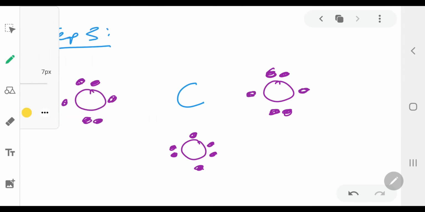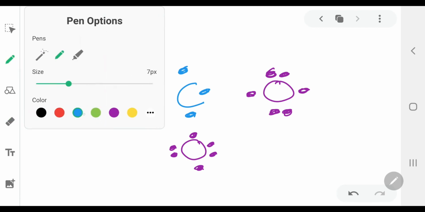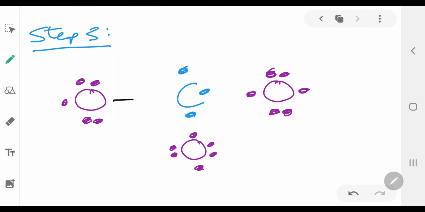Okay, and then that is your carbon. So when unpaired meets unpaired, this unpaired with that unpaired, they are going to form a bonding pair.